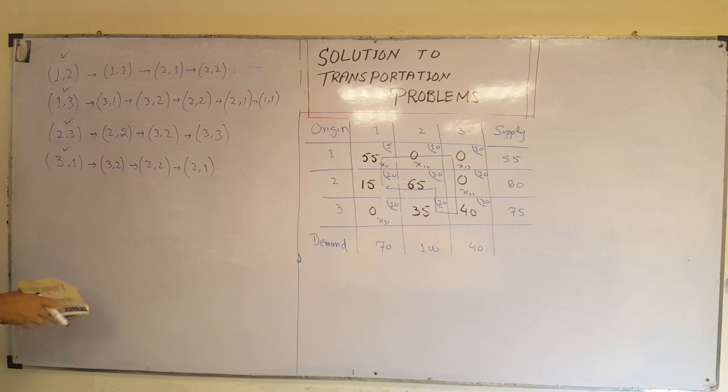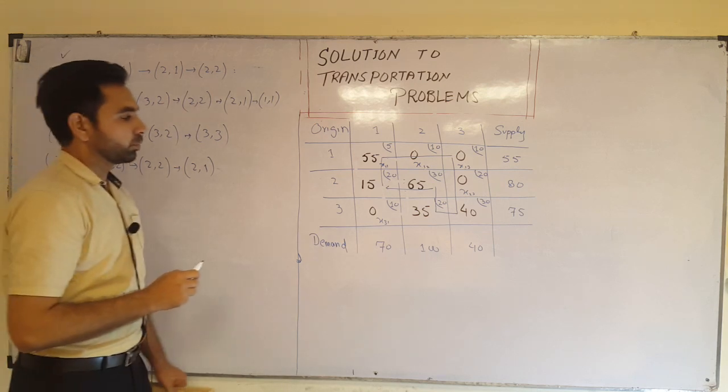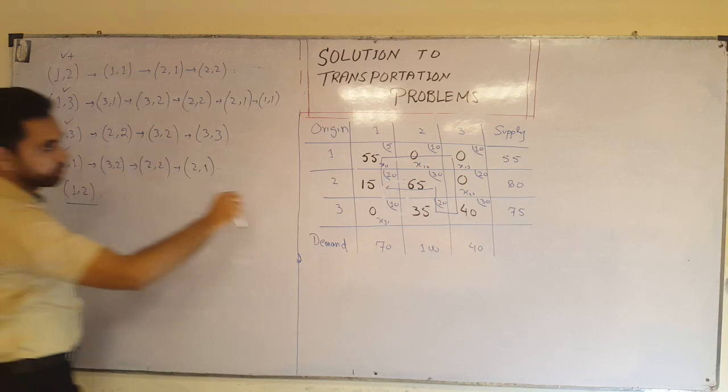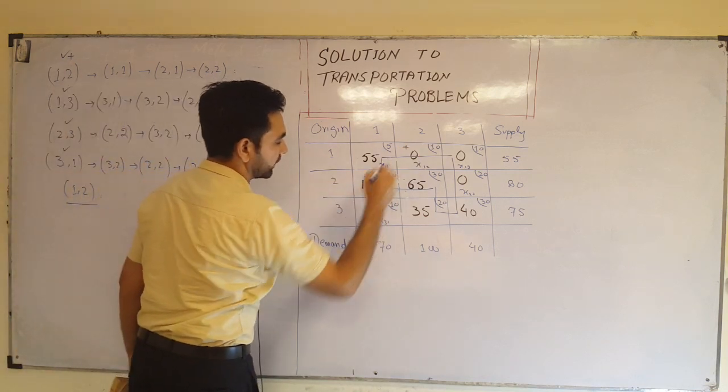And you have to see whether there exists an improvement or not. So for the first one, for the cell 1 and 2, what we have to do is add a plus to the cell that you are in. So you are adding a plus here.